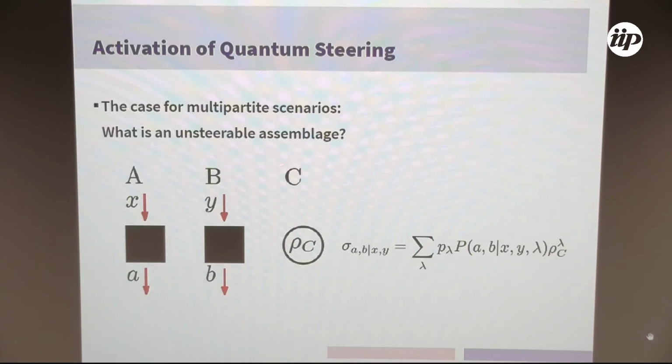The first idea that comes to mind is to say that if these two black boxes cannot control the state at a distance, and they have a classical explanation for the correlations with the quantum state on this side, then we have an unsteerable assemblage. So we define the assemblage in the very same way we did in the two-partite case.